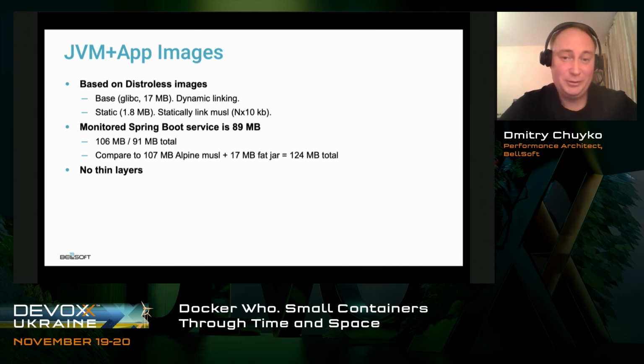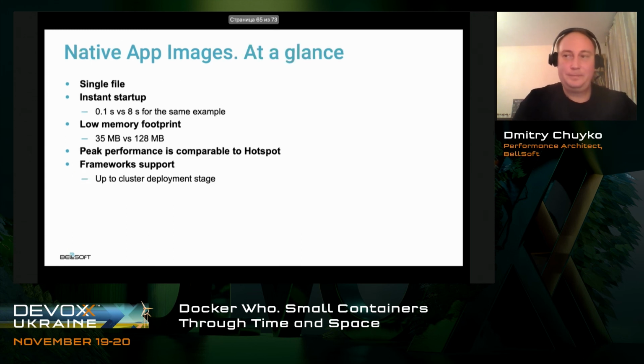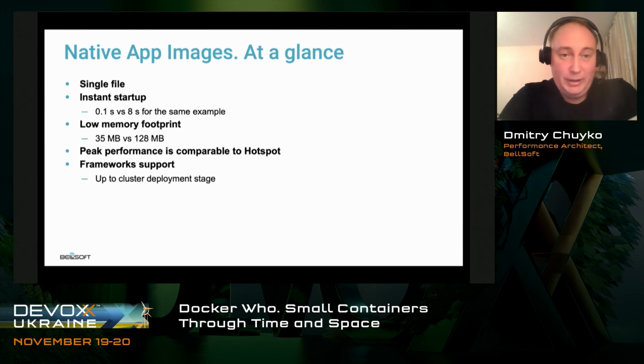It may be smaller or larger. There are interesting experiments I show not in this talk, but remember that you want to get thin layers in any case. And then what you can get is, of course, an instant startup, right? That's also a metric of container effectiveness.